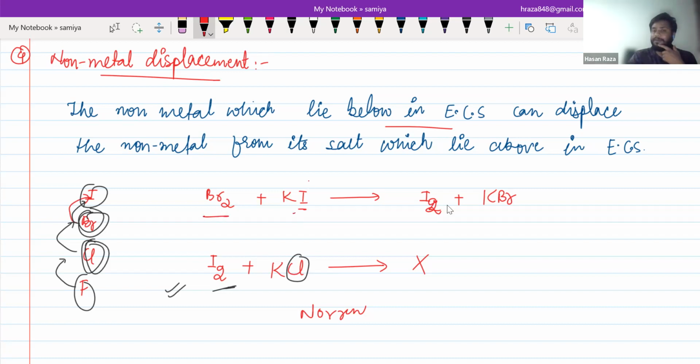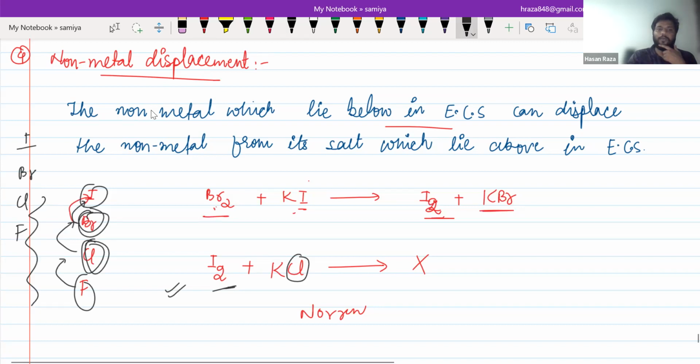I can easily be replaced by Br, so it becomes KBr and I2, because this is the series: iodine, bromine, Cl, and fluorine. Fluorine can easily replace chlorine, bromine, iodine. Chlorine cannot displace fluorine but can displace bromine and iodine. Is that clear?